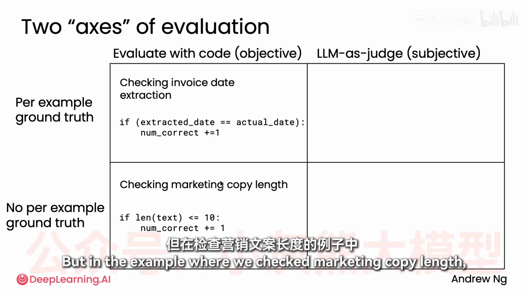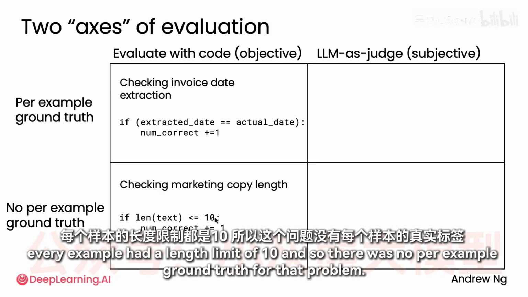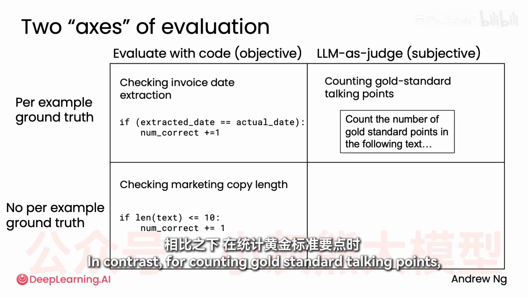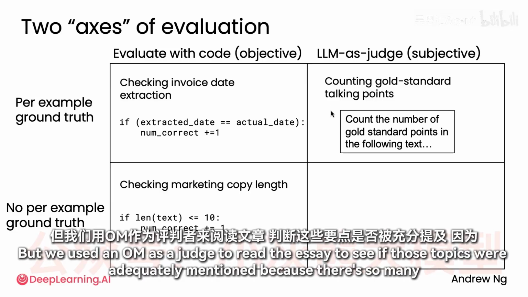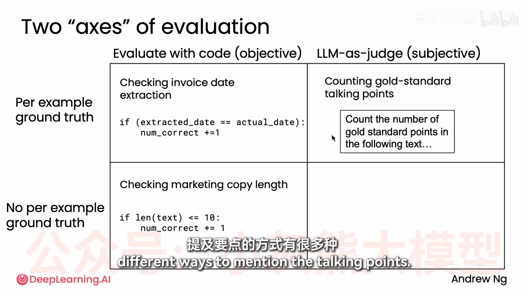But in the example where we checked marketing copy length, every example had a length limit of 10, and so there was no per example ground truth for that problem. In contrast, for counting gold standard talking points, there was a per example ground truth because each article had different important talking points. But we used an LLM as a judge to read the essay to see if those topics were adequately mentioned, because there's so many different ways to mention the talking points.